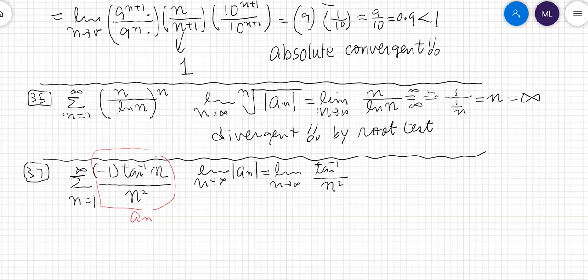Now tangent inverse when n goes to infinity, so this is less than or equal to pi over 2 over n squared. Okay. What is the tangent inverse of infinity? This is pi over 2, man. Tangent of pi over 2 is infinity, okay? Hey, remember that.